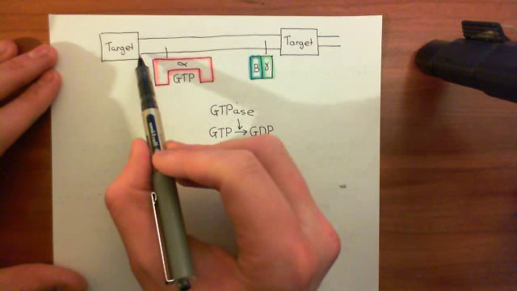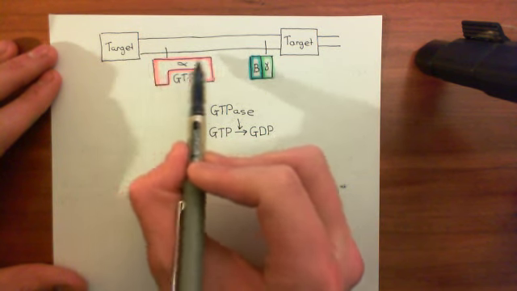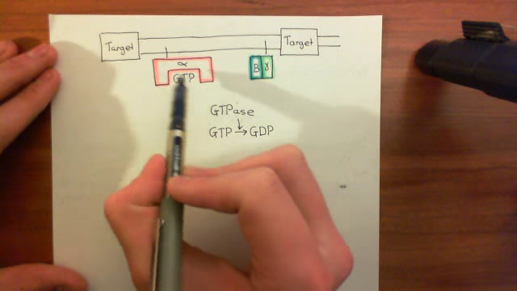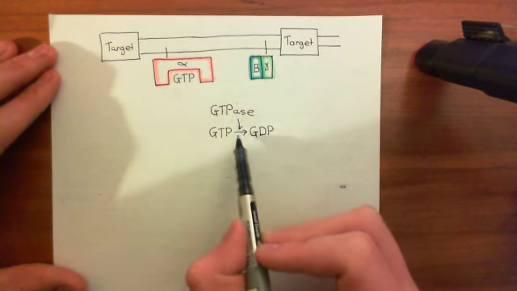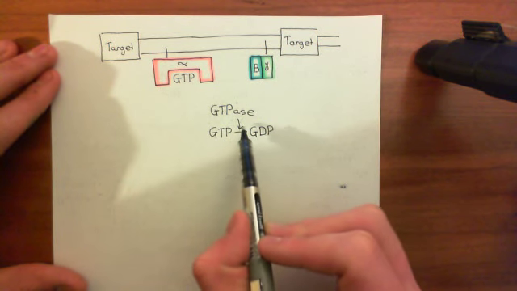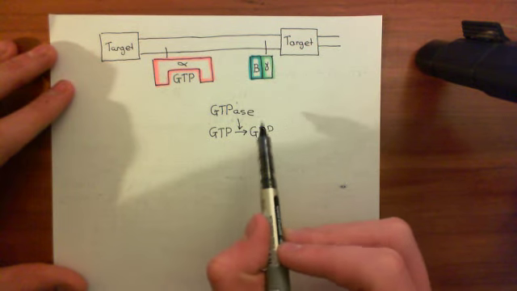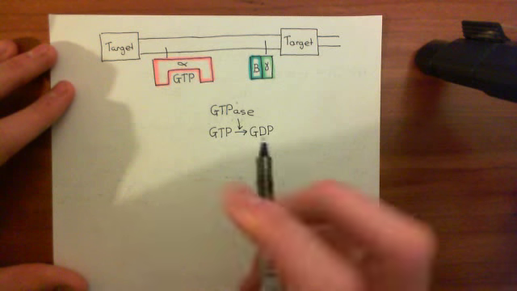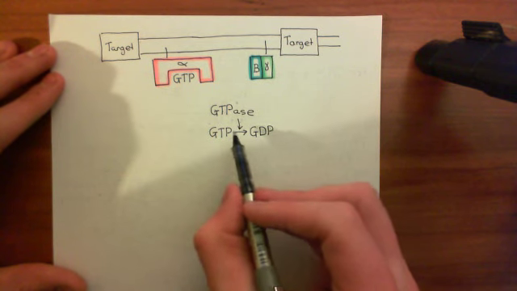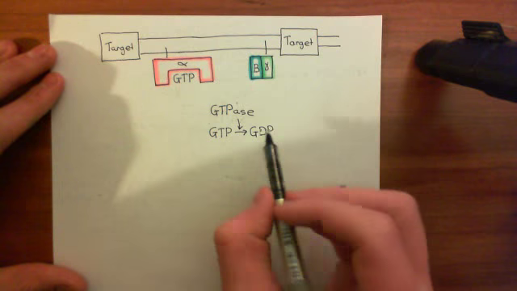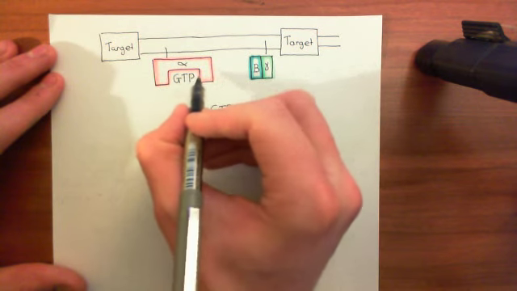However, once it's bound to the target, the target will activate the GTPase activity of the alpha subunit, and it will suddenly speed up the rate at which it catalyzes this reaction. It will convert the GTP, therefore, to GDP, and it will therefore inactivate itself.